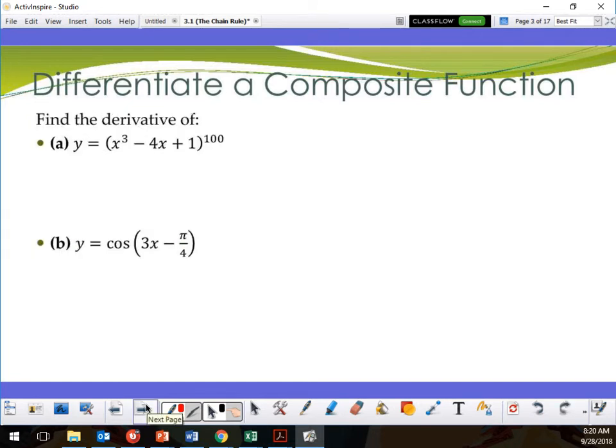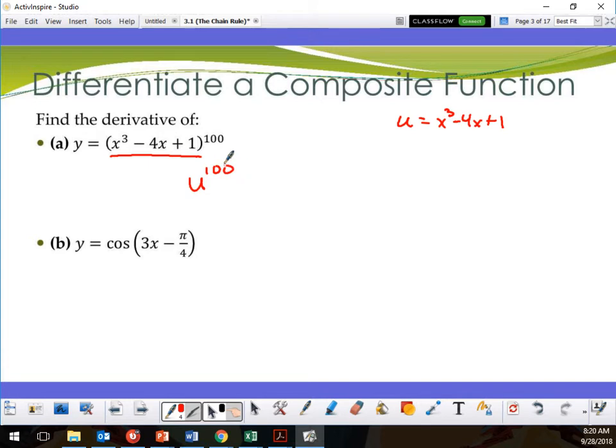So for right here, what is the derivative of the outside? So let's treat all of this right here like that is the u. If I call that u, I say u is x cubed minus 4x plus 1, and then I could just say that this is going to be u to the 100.